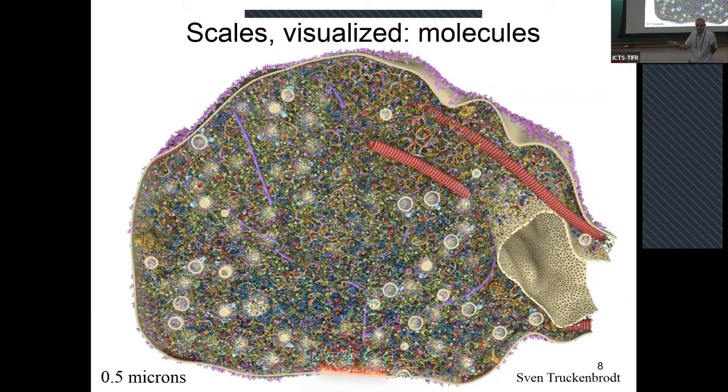Think of every one of them as a computational element. So we've scaled down from 1.5 liters to a cube of 0.5 microns, and it is absolutely jam-packed with computational machinery. And this is how the brain does what it does in such small volumes and with such efficiency.